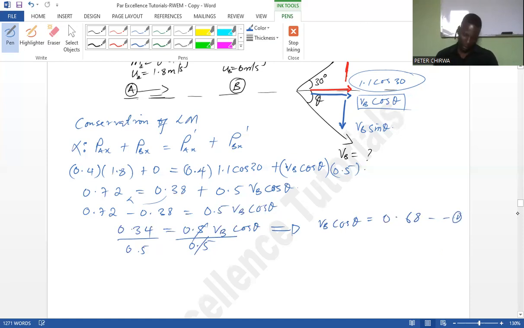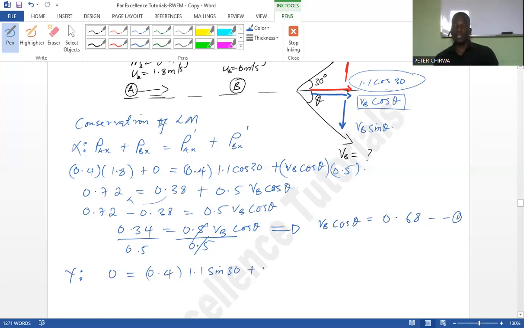So that was in X. Now, you also look at momentum in Y. Was the first ball moving in 2 dimensions? No. Was the second ball in 2 dimensions? No. So before collision, momentum is 0 in the Y. And in the Y after collision, we have the first ball, which is 0.4, moving with that component 1.1 sine 30 plus.